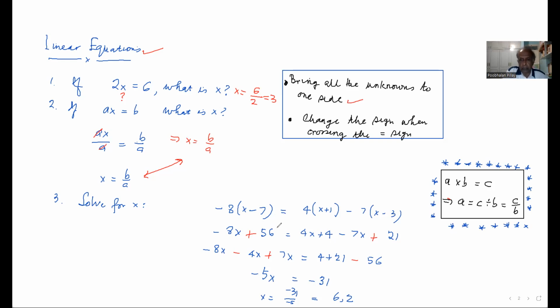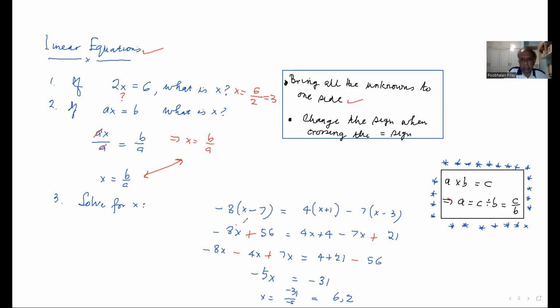And now you can bring this rule into play: bring all the unknowns to one side. So wherever you see x's, you bring them to one side. So you get negative 8x, you do this. But there's a 4x on this side, you're crossing the equal sign, so the sign changes. Plus 4x becomes negative 4x. There's a negative 7x here, it crosses the equal sign, and it becomes plus 7x.